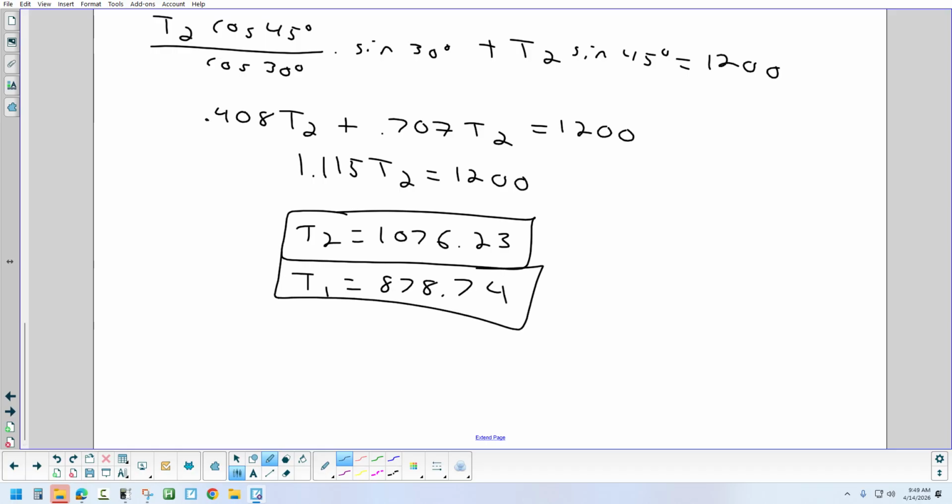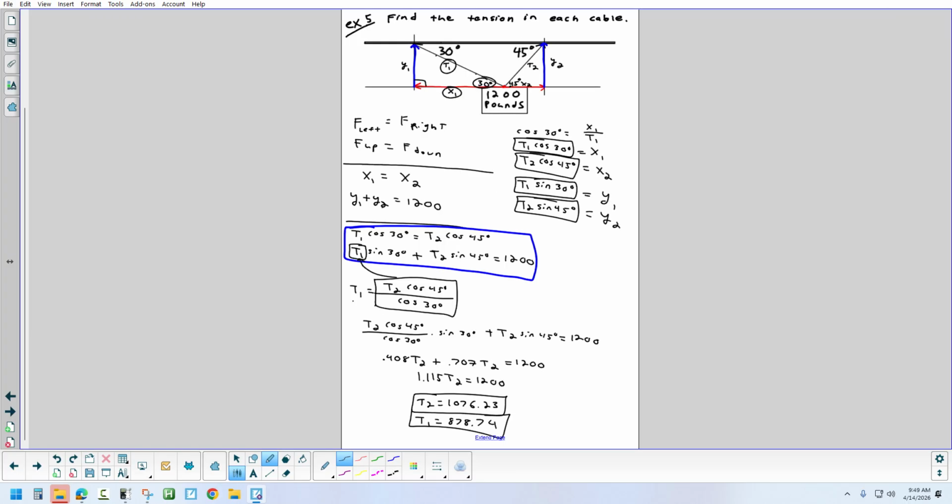So you can see that if you add the two together, it is definitely more than 1,200 total pounds of tension. Okay, but that's pretty much the steps, as organized as I can make it, to solve a problem like that.